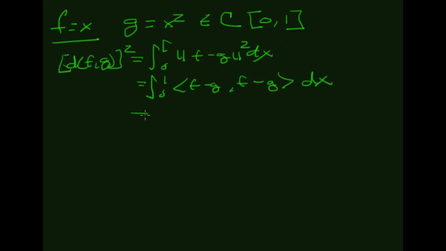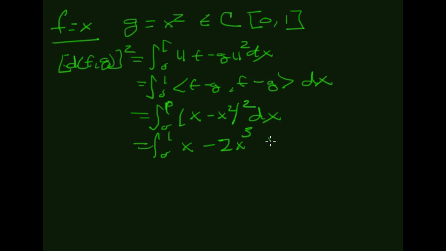Okay, so this is 0 to 1, f minus g, dx, which, okay, so this is f minus g is x minus x squared, and then we're going to square that, right, dx. So this is the integral from 0 to 1 of x squared minus 2x cubed plus x to the 4th dx.